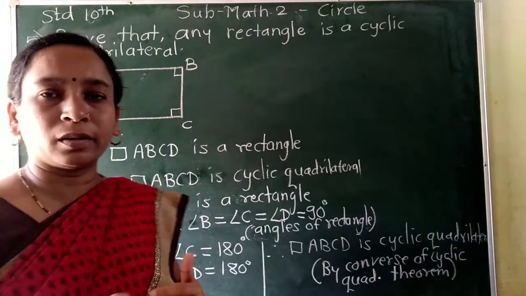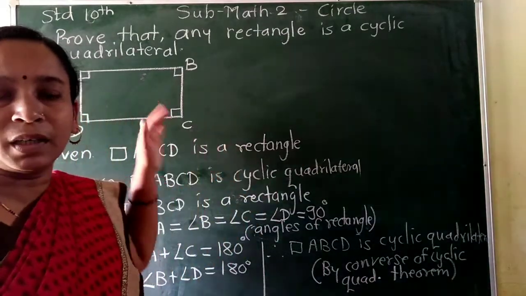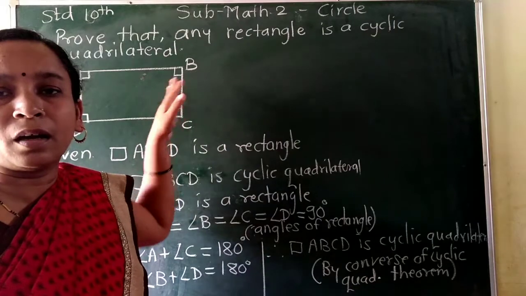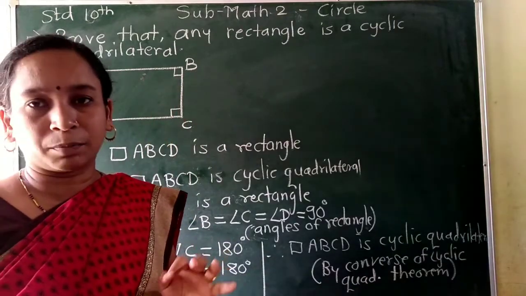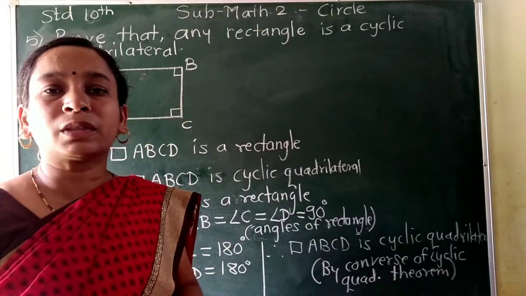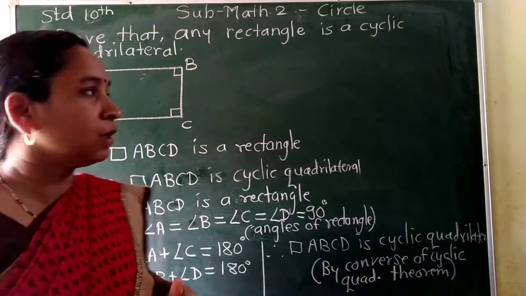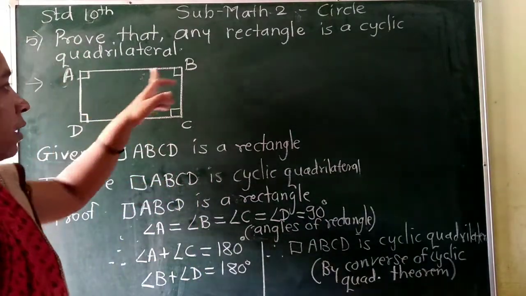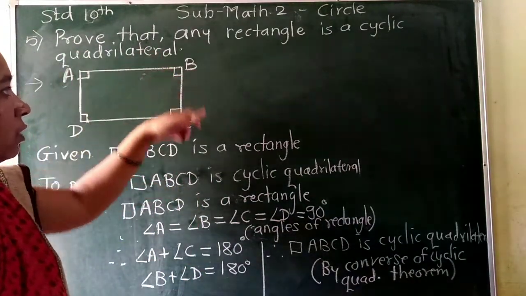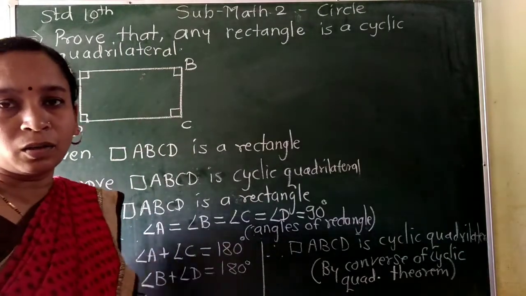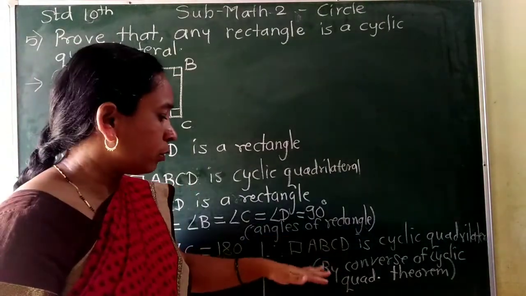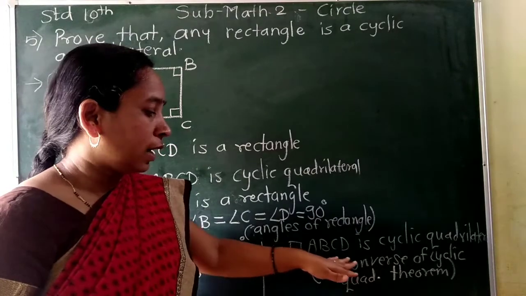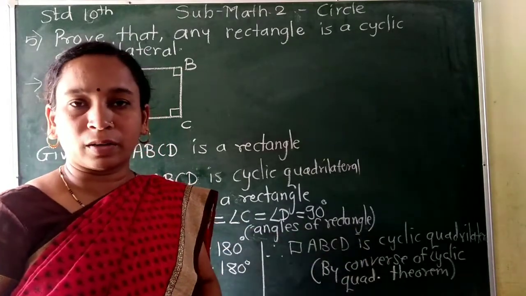The cyclic quadrilateral theorem says if it is a cyclic quadrilateral, then its opposite angles are supplementary. And the converse of the cyclic quadrilateral theorem says if these angles are supplementary, then the given quadrilateral is a cyclic quadrilateral. So hence we have proved that rectangle ABCD is a cyclic quadrilateral.